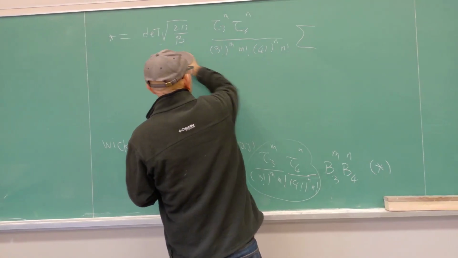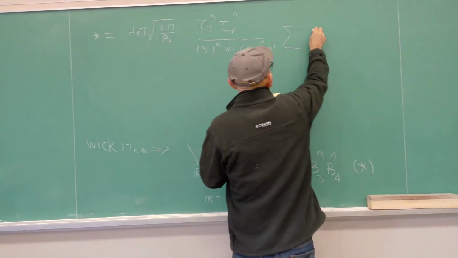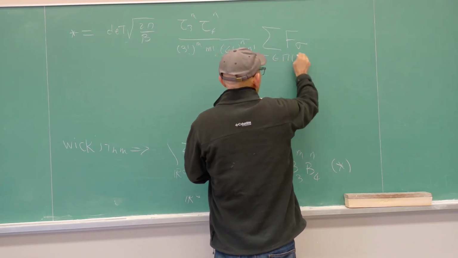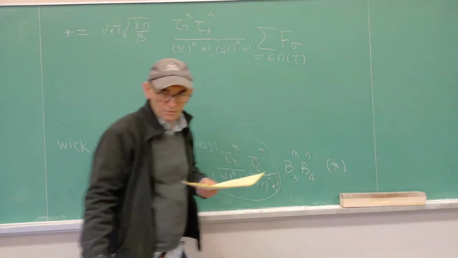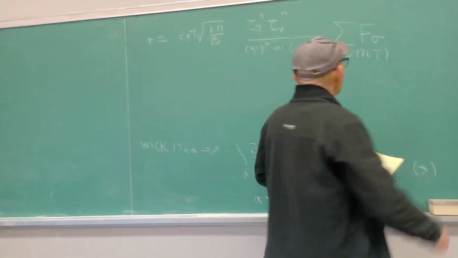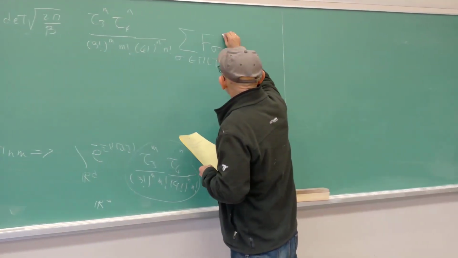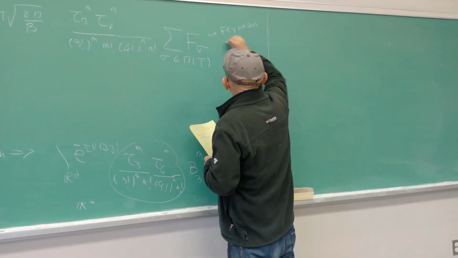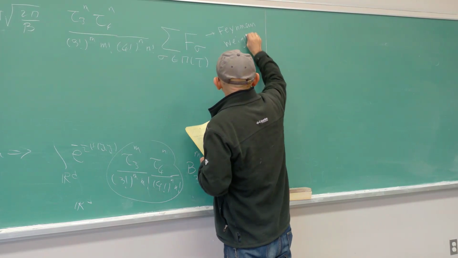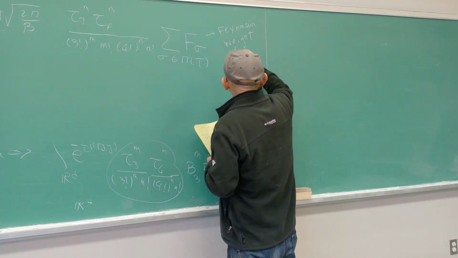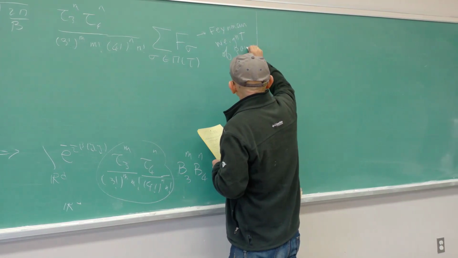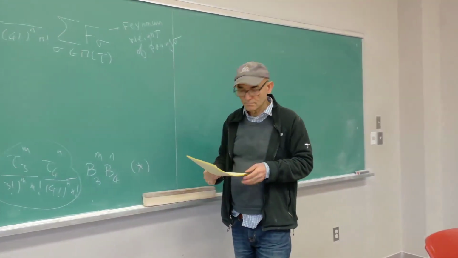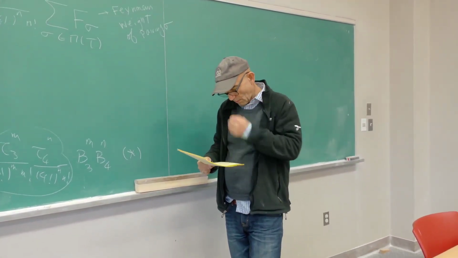It's a constant, this is also a constant, but this is the sum over sigma of F(sigma), where sigma belongs to pairings of T. That's what Wick's theorem tells us. So this F(sigma) is the Feynman weight, Feynman amplitude, whatever, of the pairing sigma.